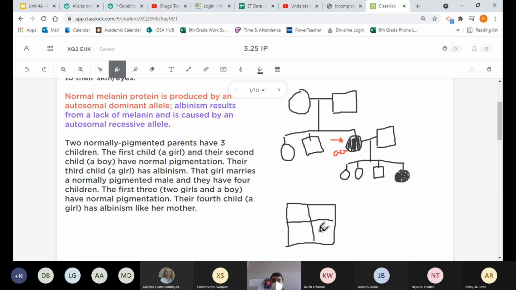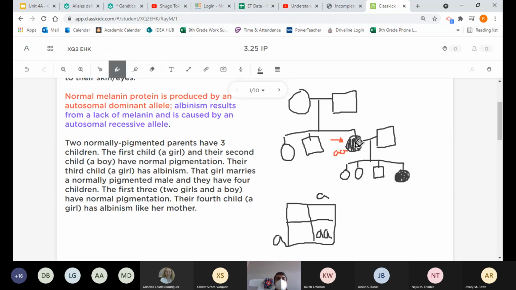I know you guys get lost when I do the whiteboard, but it's so much easier. Okay, so she is here. Now, we are figuring out the parents. So if this is her alleles, you have to have parents with that recessive allele.